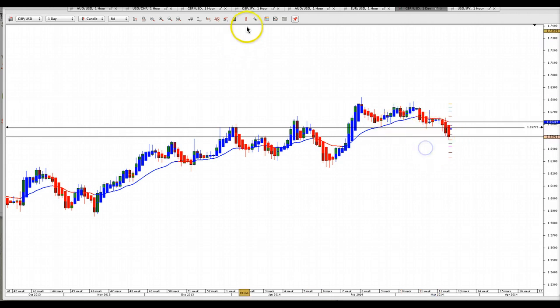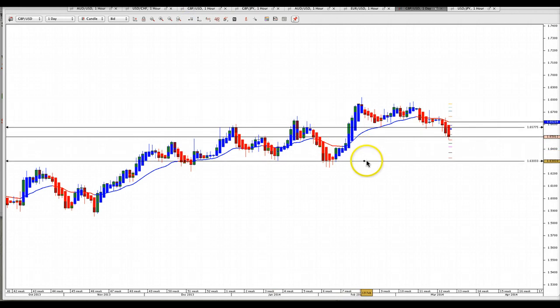It finally broke, and we're looking for a target about 163. Two targets: the first one is about 163 or 164, and the next target is 163. So those are the two trades I'm currently in. Hopefully in the next few weeks, pound dollar will hit these levels down here.